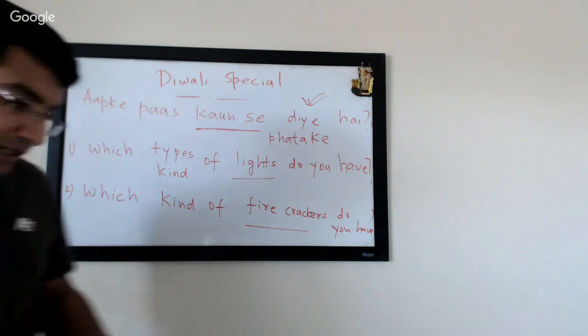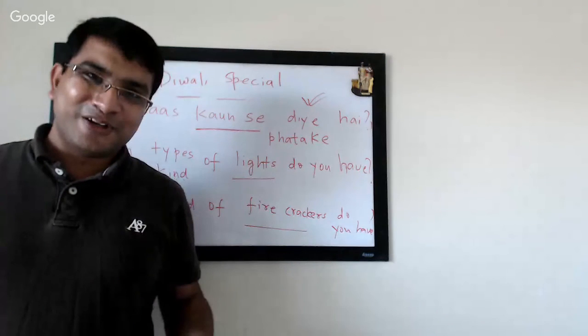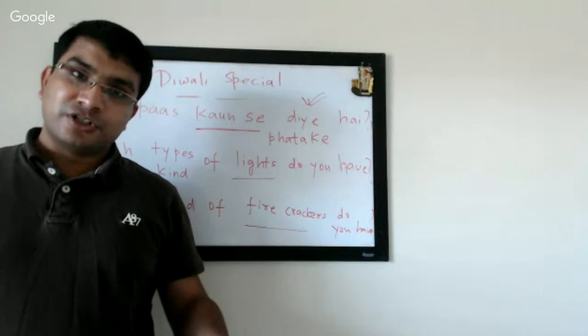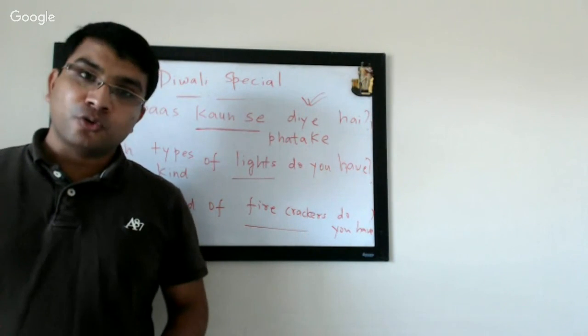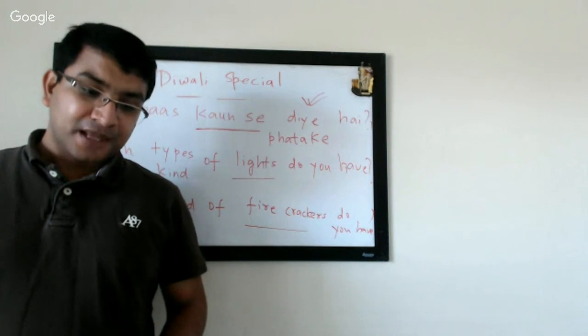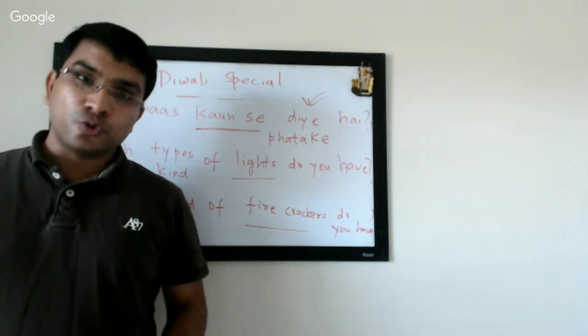So with that in mind, we covered a lot of interrogatives today. We started with कब, which is when. Then we went to कैसे, which is how. And then we learned कहाँ, where. And then क्यों, which is why. And then कौन, which is who.